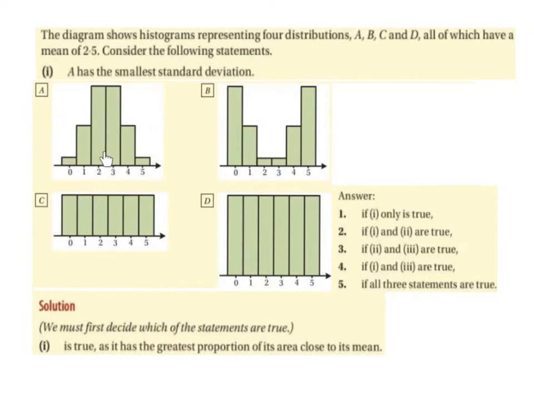And we can see that A has most of its bars, or you could say the greatest area of its bars, closest to 2.5. Whereas, on the contrary, B has its highest bars as far away from the mean as possible. If the mean is 2.5, then obviously 0 and 5 is as far away on the graph as we can get. So statement 1 is definitely true.